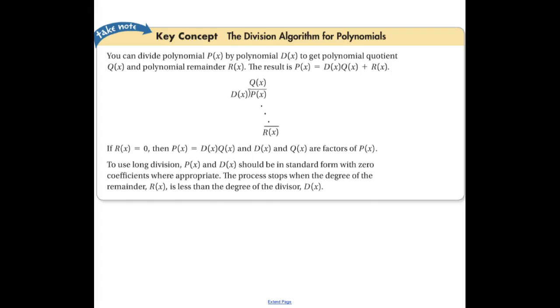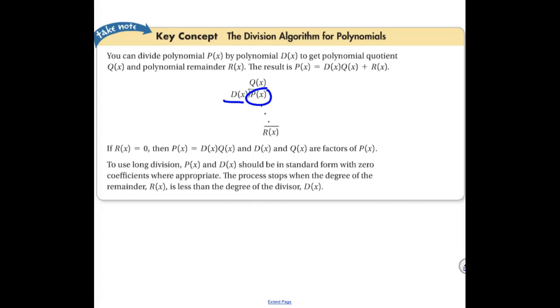In the box here is kind of the formal way of saying all of that. I'm not going to ask you to rewrite this on any test, but I do want you to understand what it's saying. It says you can divide a polynomial p of x by a polynomial d of x to get polynomial quotient q of x and remainder r of x. We are taking some polynomial. We are dividing by another polynomial.